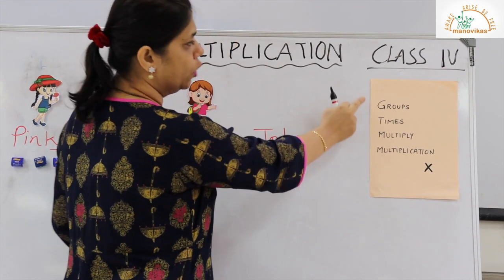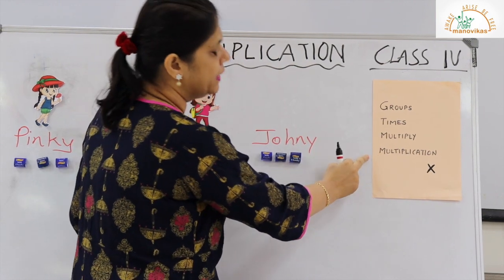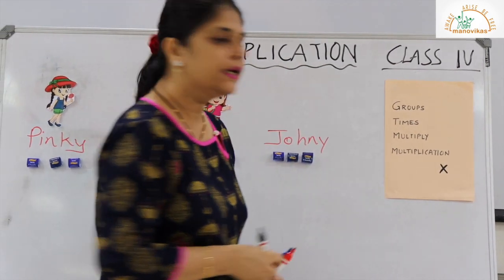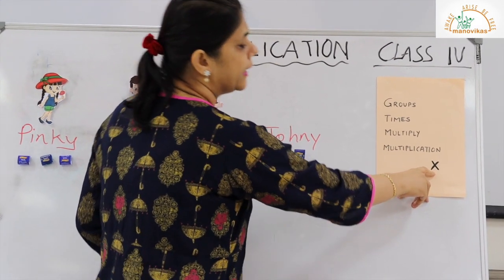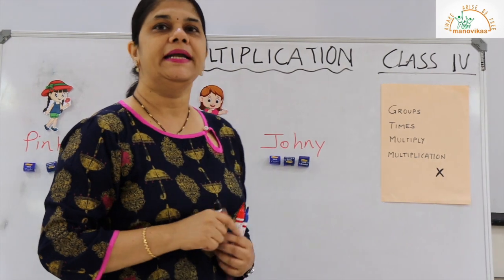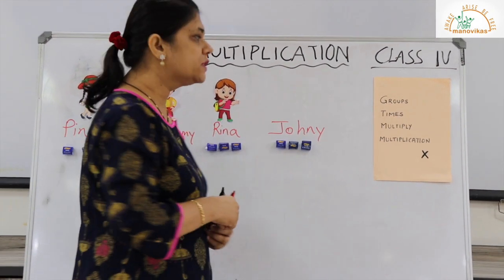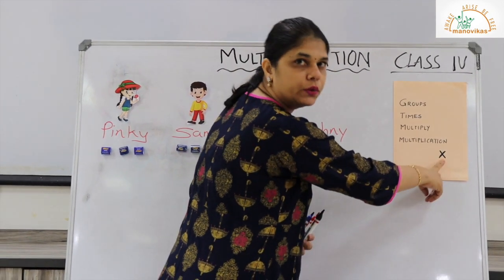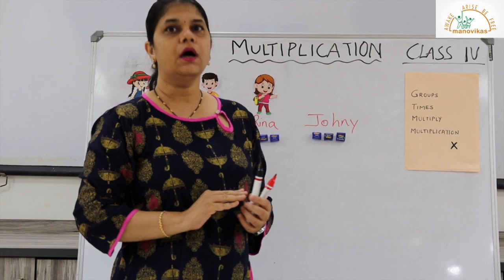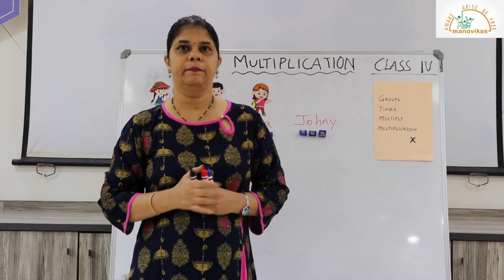I repeat: groups, times, multiply and multiplication. And students, can you see this X sign over here? That is the sign for multiply or multiplication. Whenever you see this multiply sign in between any two numbers, you know for sure that you need to multiply those two numbers.